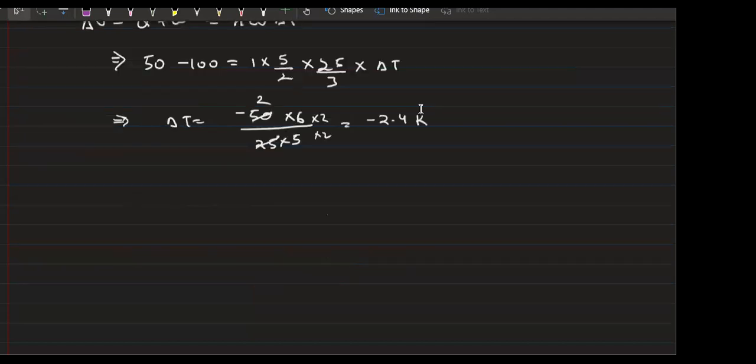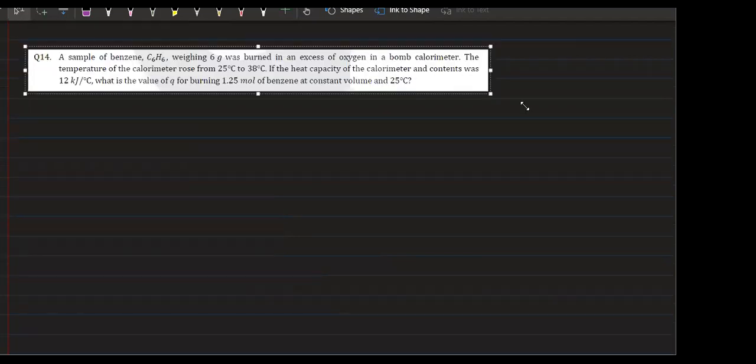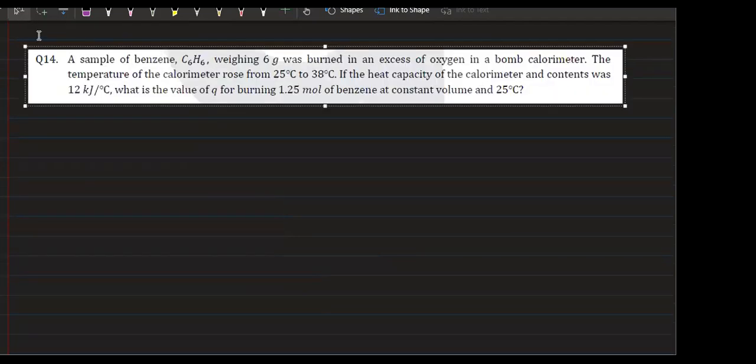ठीक है, क्वेश्चन नंबर 14 देखते हैं. 13 हो गया होगा. सो क्वेश्चन नंबर 14 देखो. Now ये क्वेश्चन नंबर 14. Forget about bomb calorimetry and all those things. ठीक है, तुम बस देखो कि पूछ क्या रहा है.